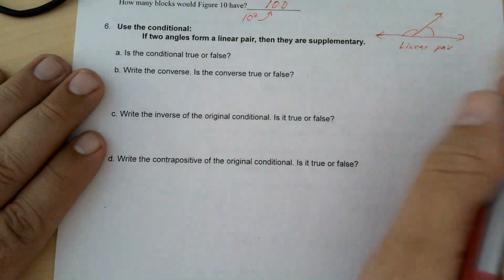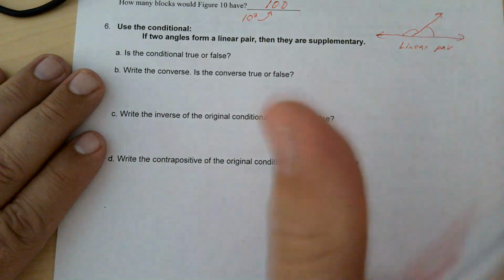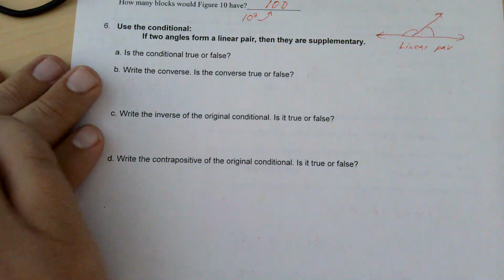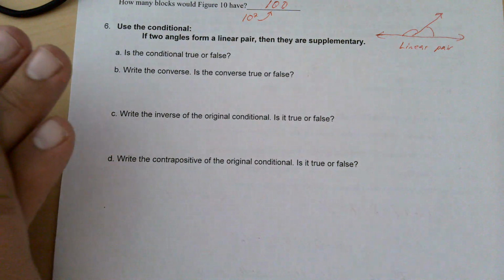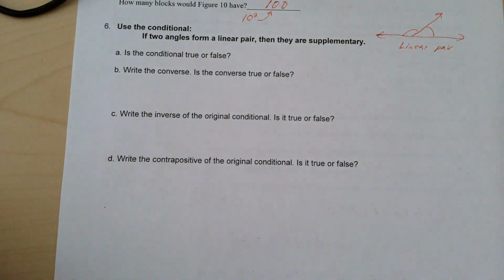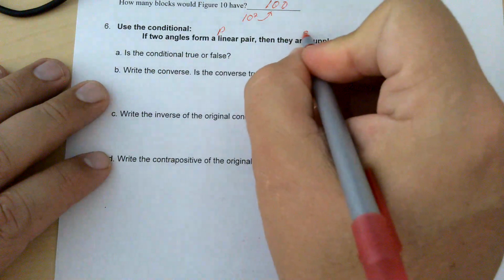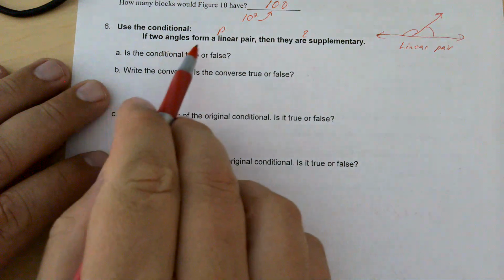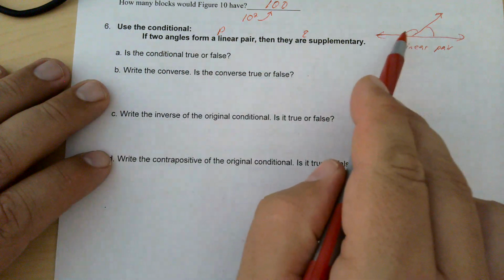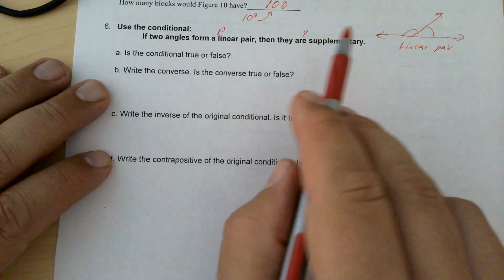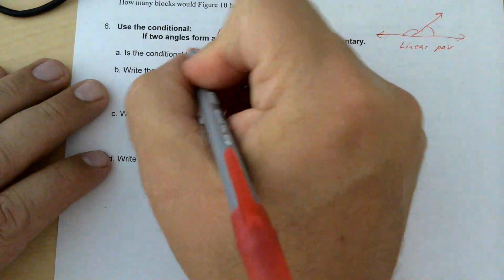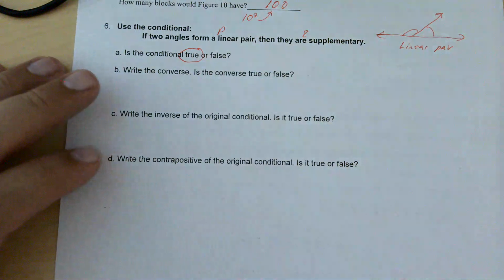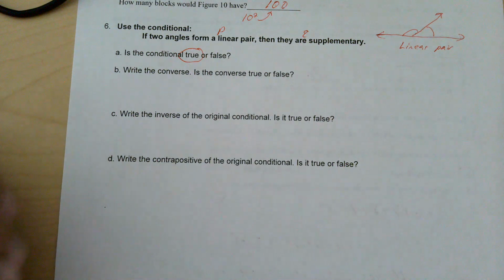They have opposite rays. Okay. Supplementary, though, are any two angles that don't have to be connected, but add up to 180. That's the difference. So here's my P and here's my Q. If two angles form a linear pair, then of course they have to be supplementary. That is true. Linear pairs are supplementary.